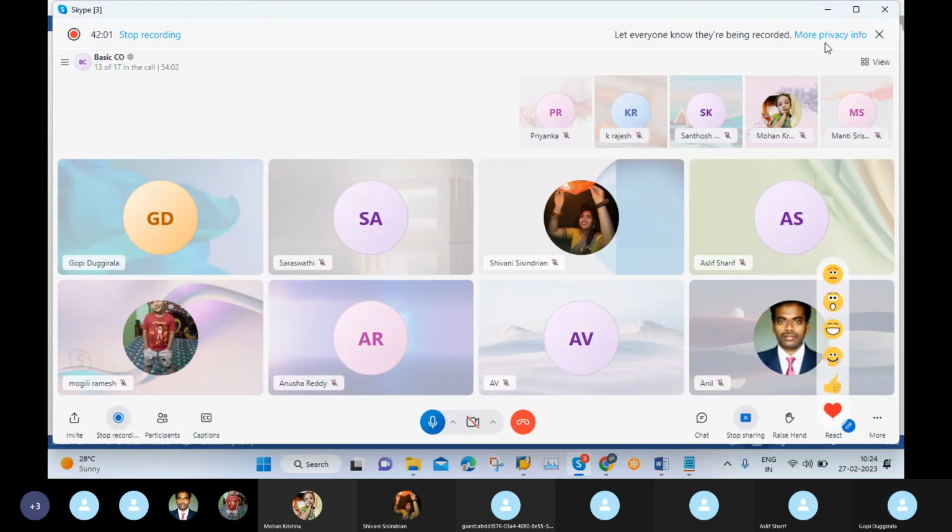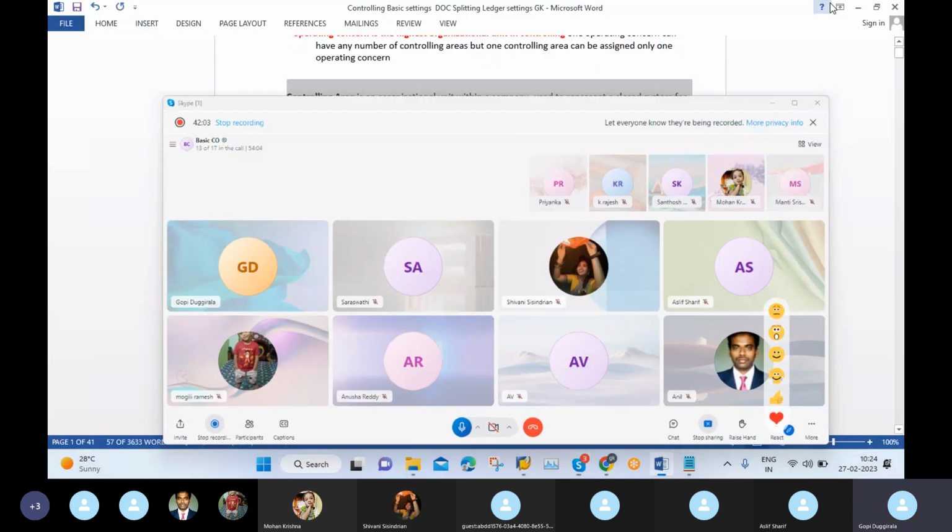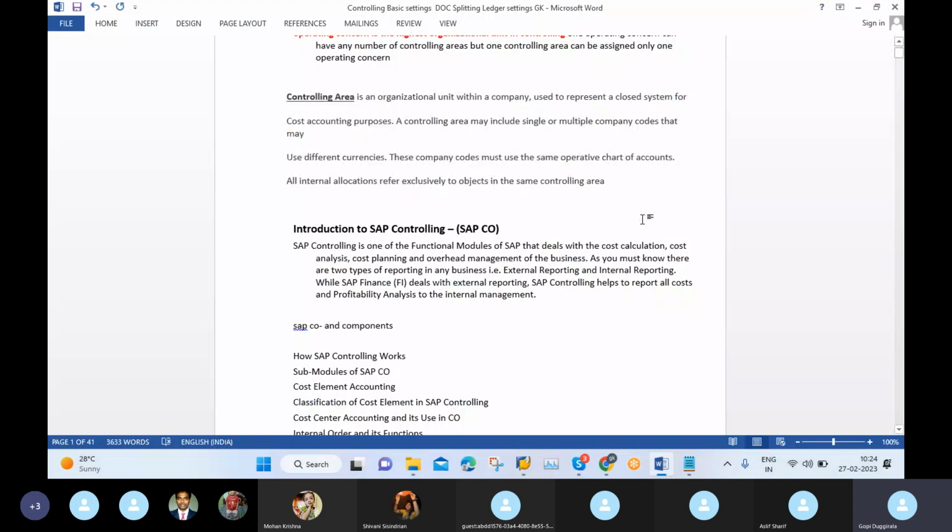So the thing is, controlling area is the big one, and under that controlling area, company code comes. Both are not the same. It means one controlling area you can assign to n number of company codes. Did you get my point or not?